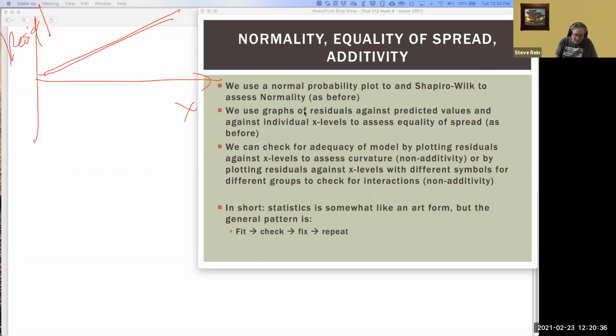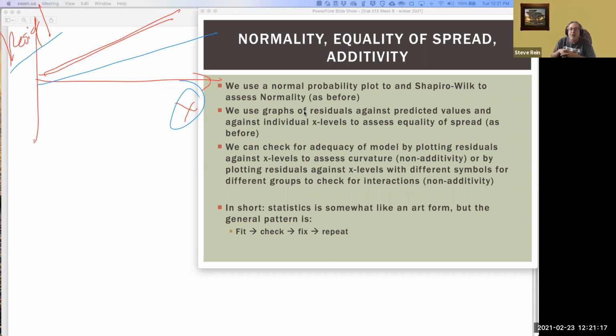And if I were to fit a trend line now for the absolute value of the residual plotted against x, if that trend line has a positive slope or a negative slope, or even curvature that's statistically noticeable, if I fit an x squared term, and if the x squared or just x by itself was statistically significantly able to help me predict my residuals or the absolute value of the residuals, I would say for sure we have a problem with the equality of spread.